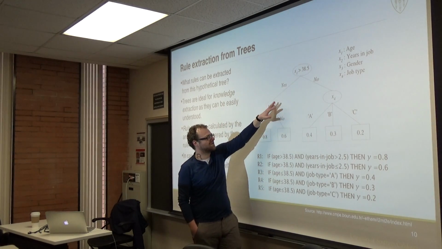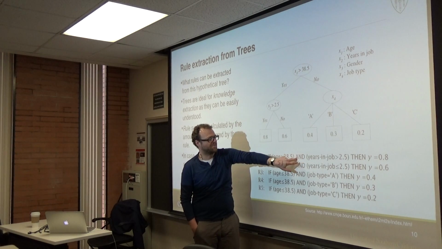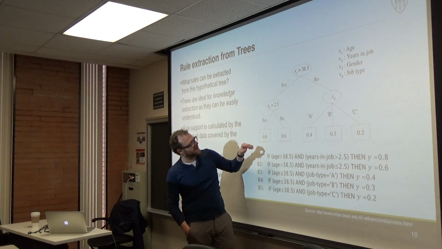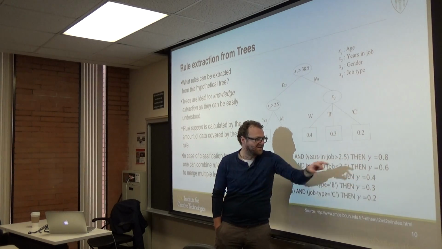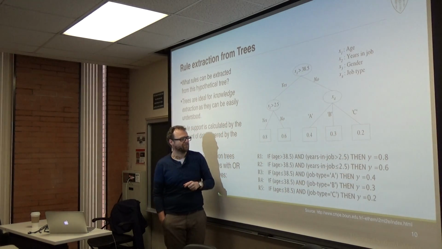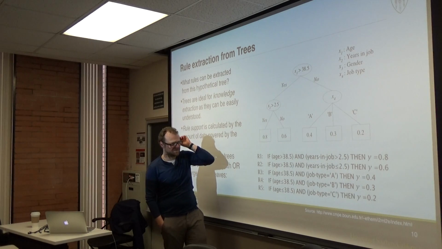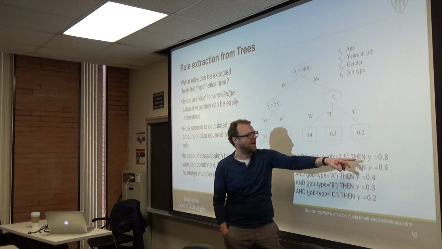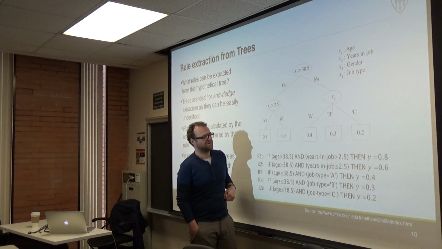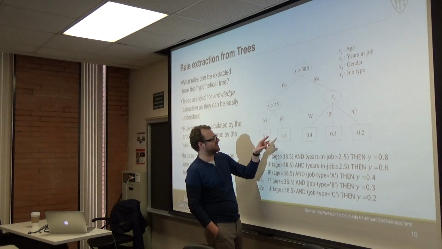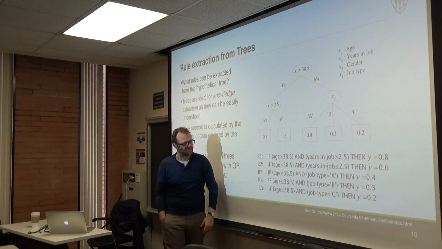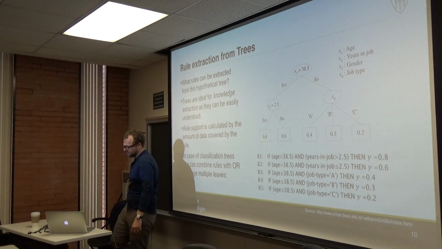So decision node to decision node, you just concatenate them with ANDs, and decision nodes to leaf nodes, well, you just make a decision after that. So you can say then y, or then the other side. So basically it's just if statements.